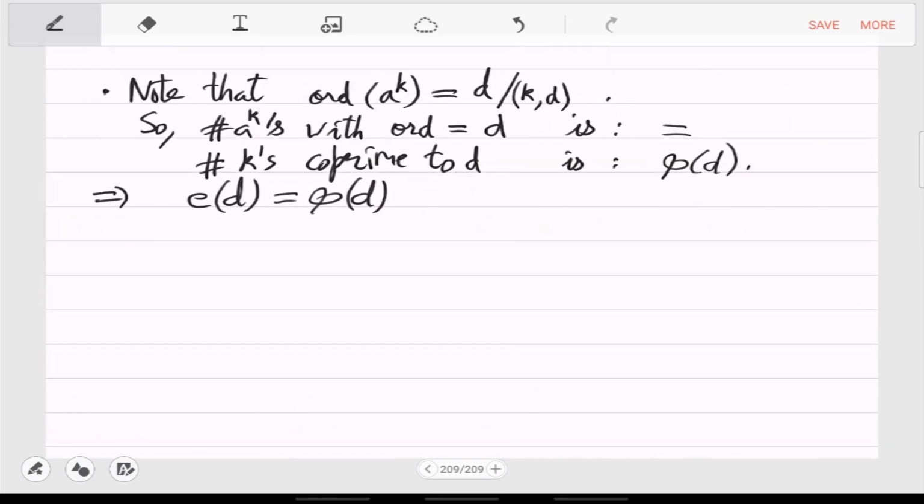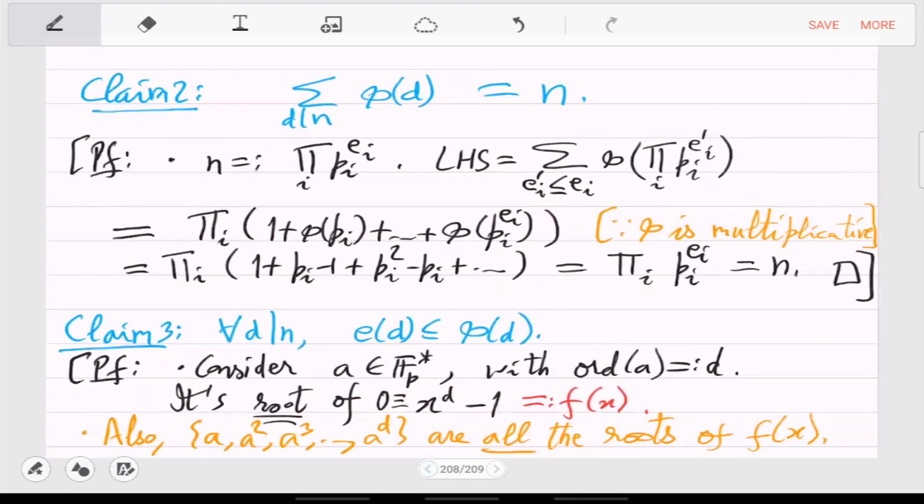So what we have shown is that this is equal to phi of D if one A exists, and it is 0 otherwise. We have shown something better than the claim, but we have not shown equality, because the only problem is this existence. If it exists, then E of D is equal to phi of D. If it doesn't exist, then E of D is equal to 0. So you have two cases, and you don't know which one.